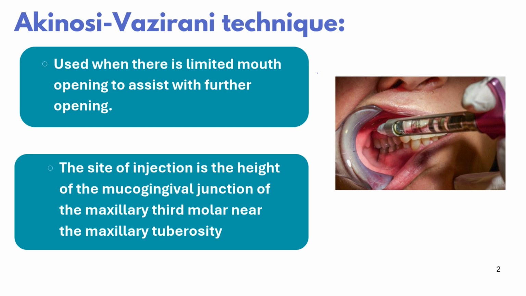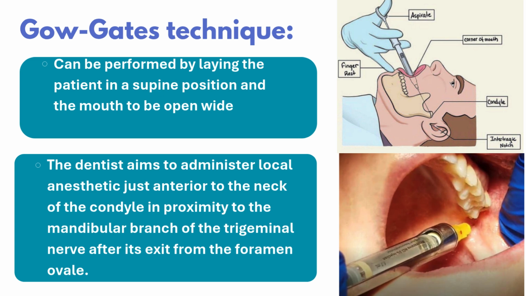The first one, the Akinosi-Vazirani technique, is used when there is limited mouth opening. The site of injection is the height of the mucogingival junction of the maxillary third molar near the maxillary tuberosity. The Gow-Gates technique differs in that you perform it when the patient is lying down in supine position and the mouth is wide open.